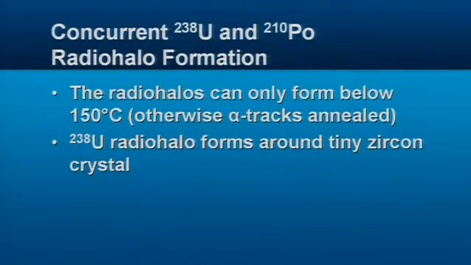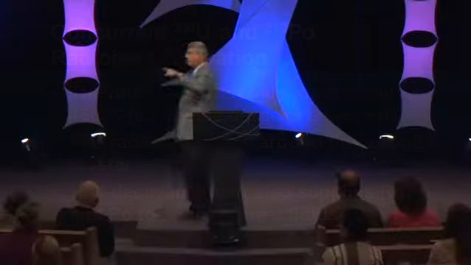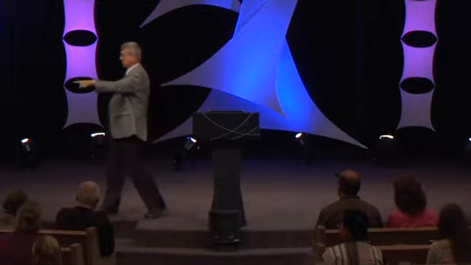So, in this process, we've got the uranium radiohalos beginning to form around the zircon crystal. And as it starts out shooting the bullets, the uranium atoms start going through that decay chain and they start producing polonium. Radon is the step before that. It goes down to radon and then to polonium. And that's significant. Why? Because radon is a gas, and radon is also chemically inert.